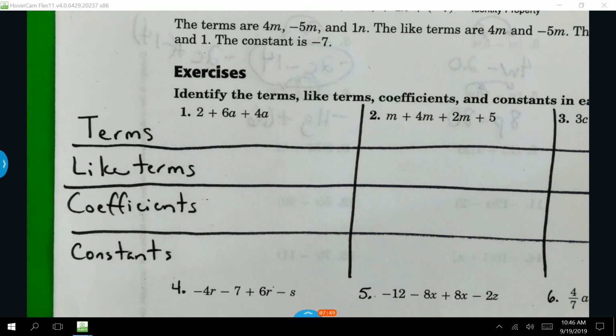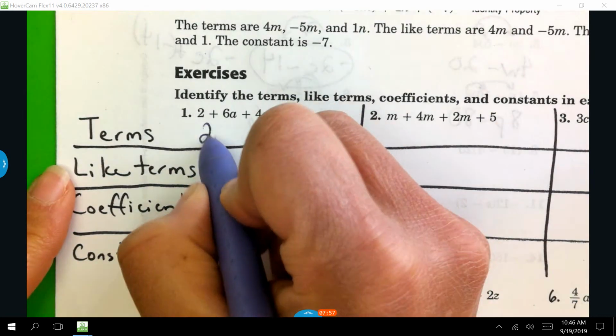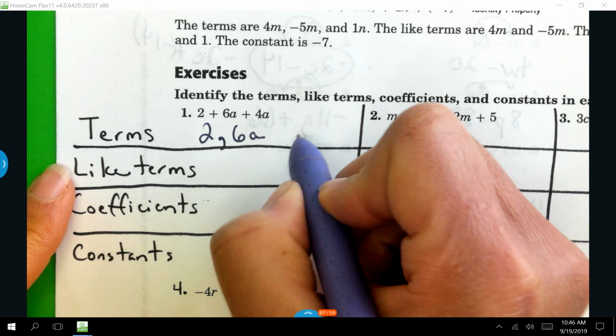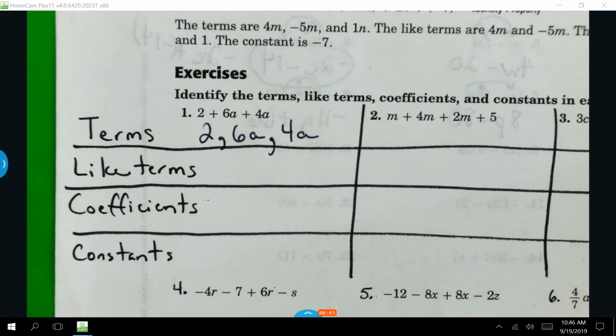So the terms are each thing in the expression separated by the addition or subtraction. So our terms in number 1 are 2, 6a, and 4a. There's 3 terms in that expression. Now, like terms are the things that we could actually add or subtract, the 2 things we could put together.